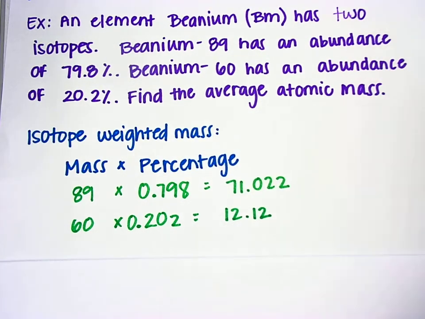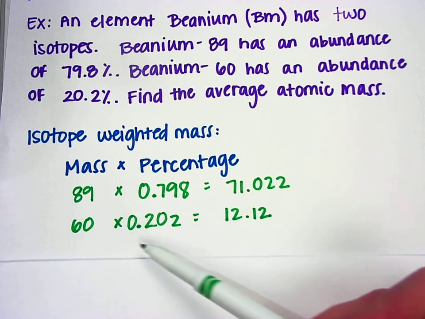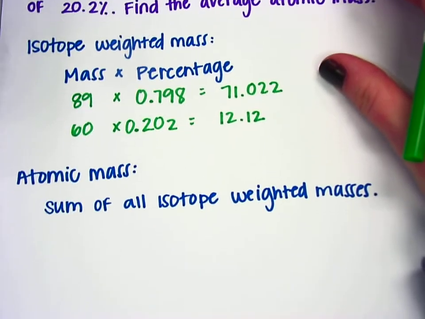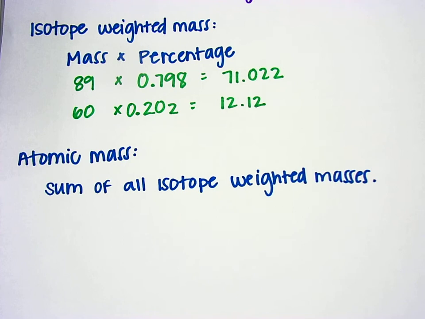Now basically what I did there is I multiplied by the amount. So normally when you calculate averages, you take the two numbers, you add them together, and then you divide by 2. Essentially, I have divided by 2 right here. So when I go to calculate the atomic mass, and I'm finding that average, I don't need to divide by 2.